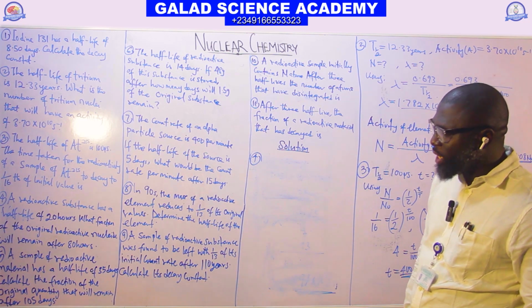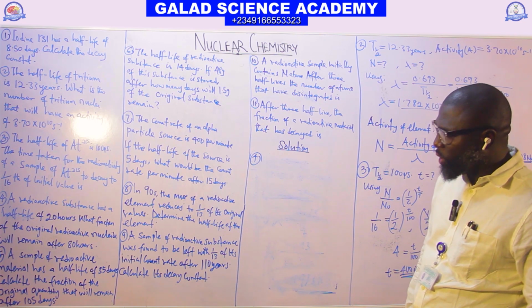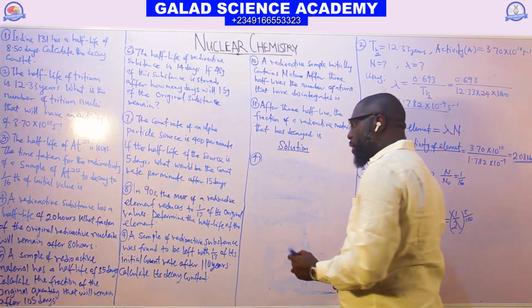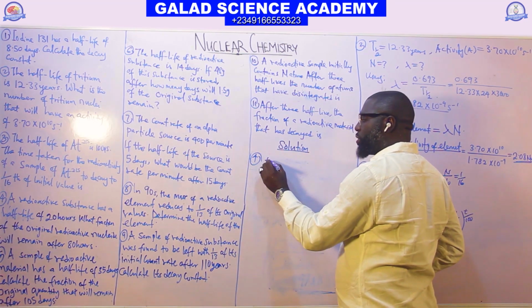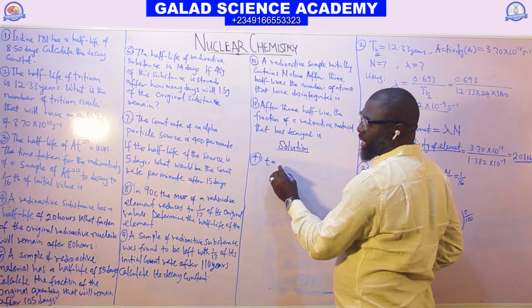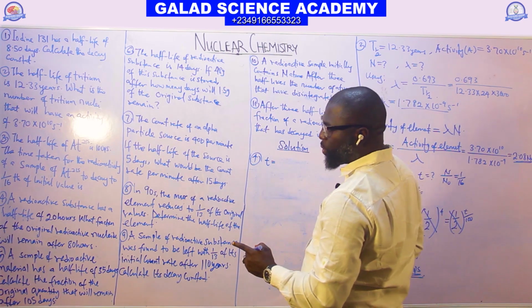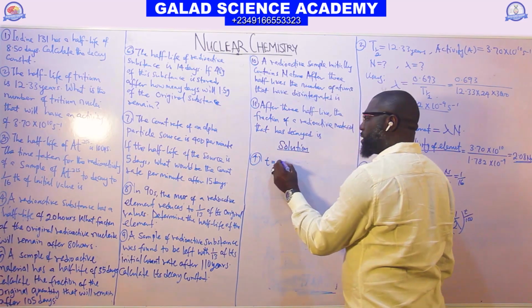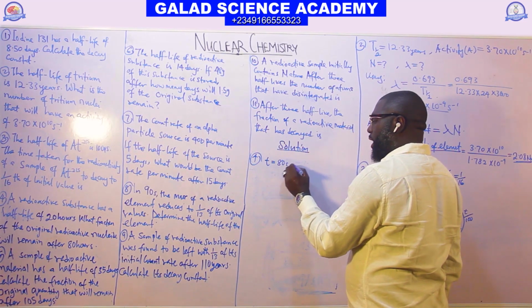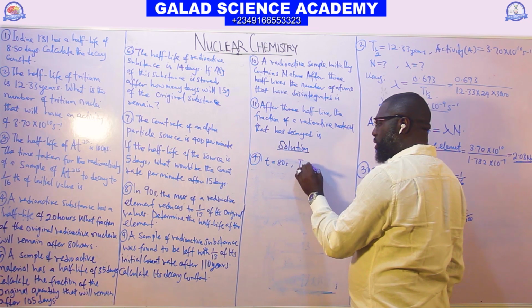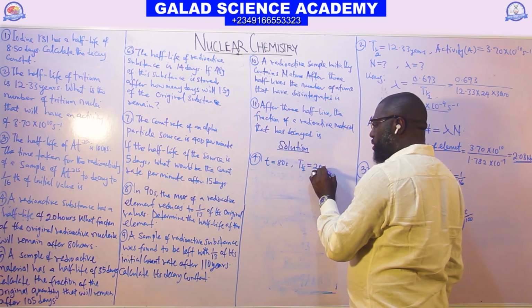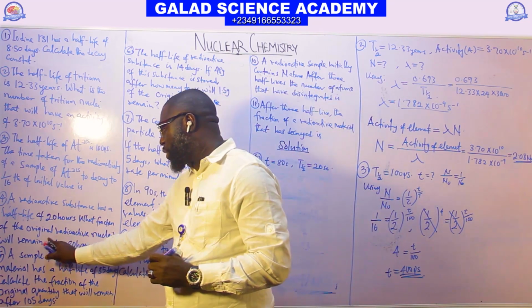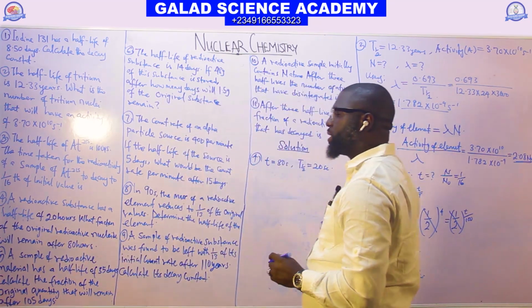So whenever you are asked to find the fraction remaining, here you observe what you are given. Small t is 80, and the half-life, capital T, is 20. You are now asked to find the fraction of the original radioactive element remaining.